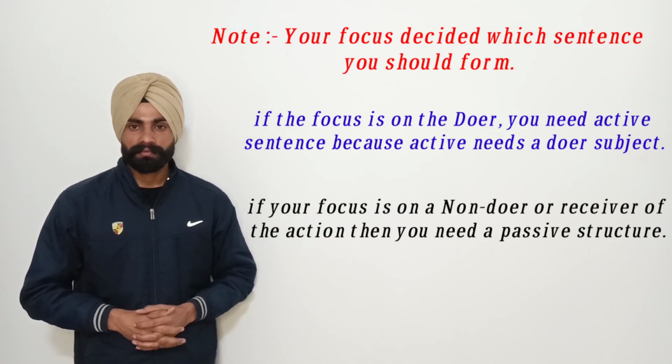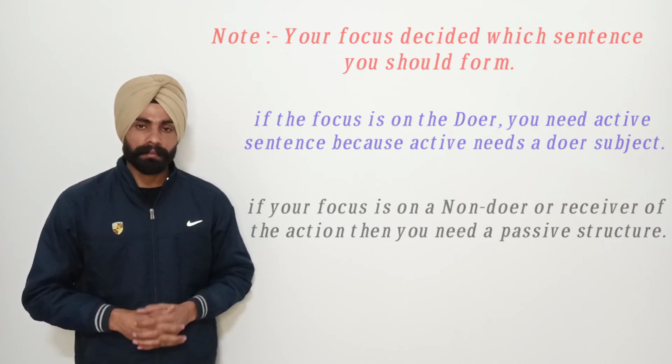So this is the main difference between active and passive. Whenever we have to differentiate between active and passive voice, you must first be clear: if you have a doer subject and you want to focus on it, then you need to make an active sentence. And if you have a non-doer subject and you want to focus on it, then you need to make a passive voice.